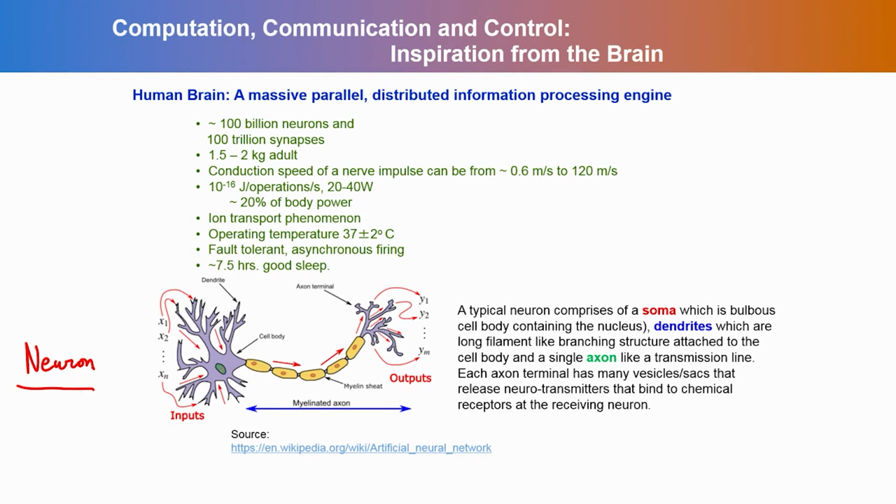This is the nucleus, the green portion is the nucleus, this is a bulbous cell body, and we have these dendrites sort of like the antlers of a reindeer, right. They are long filament like branching structures that are attached to the cell body, and we can think of sensory inputs at the input of these dendrites. So, these are sensory inputs.